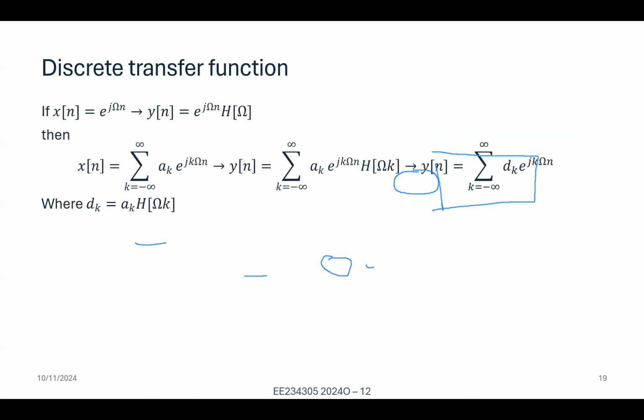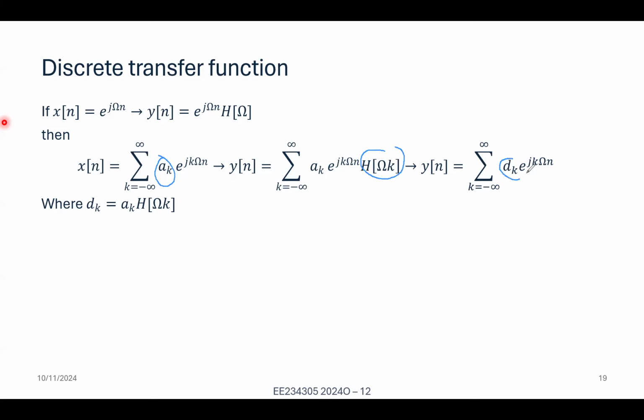Now, if we have the discrete transfer function h omega, with a periodic input xn with Fourier series coefficient ak, the output would be the multiplication of ak times h of k omega.